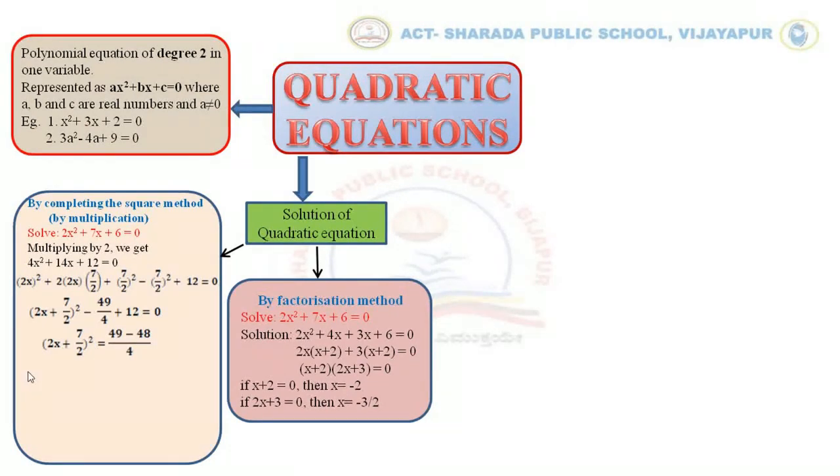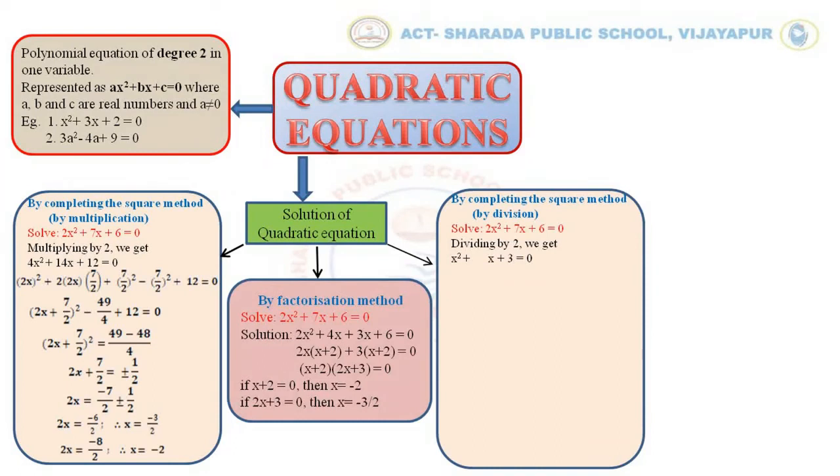Next, 2x plus 7 by 2 whole square is equal to 49 minus 12 fours of 48, divided by 4, and then upon simplification we get x is equal to minus 3 by 2 and x is equal to minus 2.